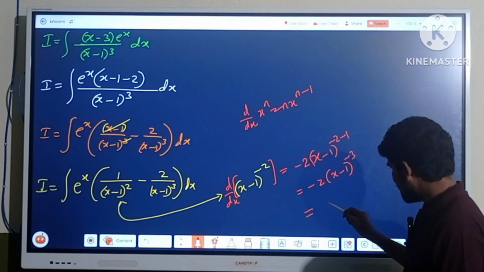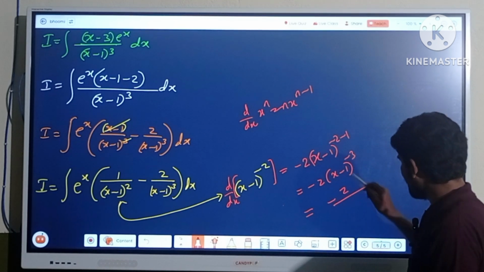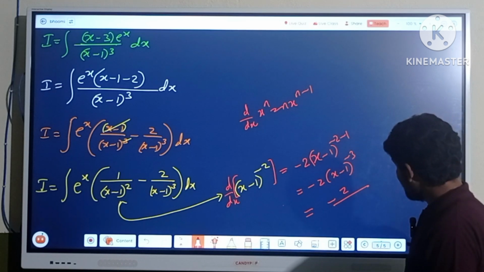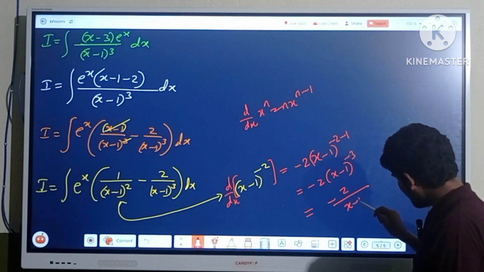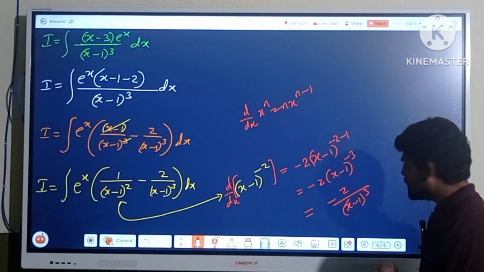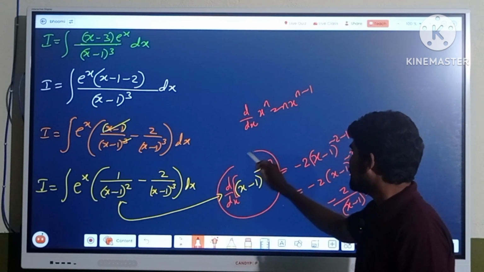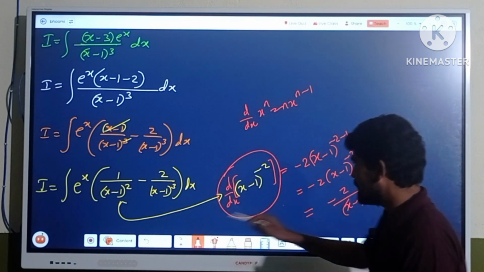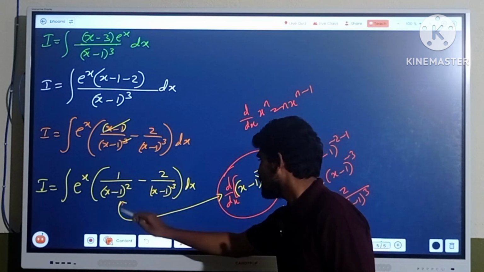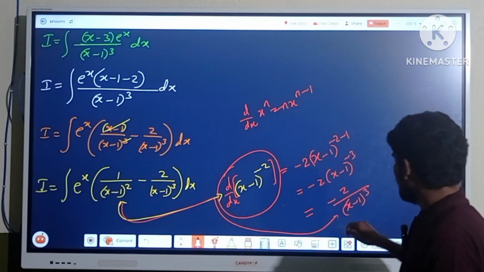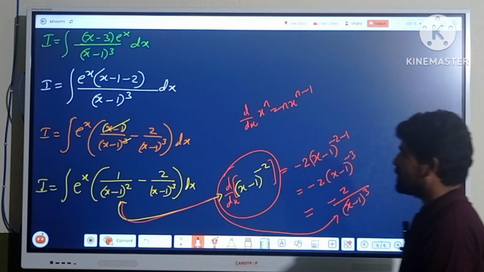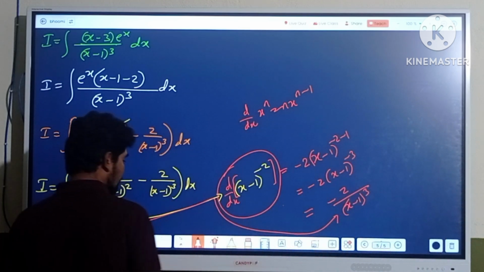Now this can be expressed as minus 2 divided by (x minus 1) cube. So it means the derivative of (x minus 1) power minus 2, that is 1 divided by (x minus 1) whole square, is equal to minus 2 divided by (x minus 1) whole cube.